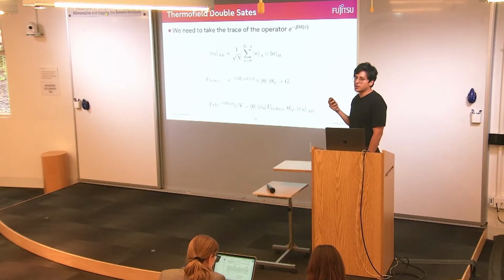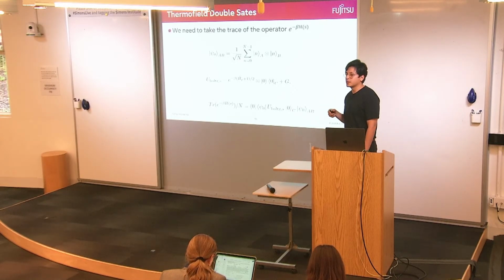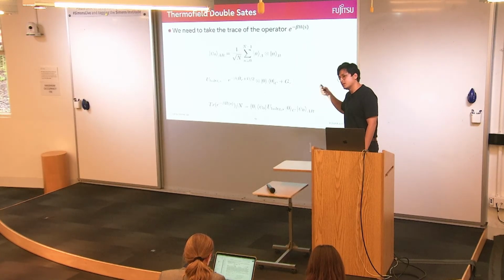Or if you use quantum amplitude estimation, you obtain a quadratic advantage over naive sampling.